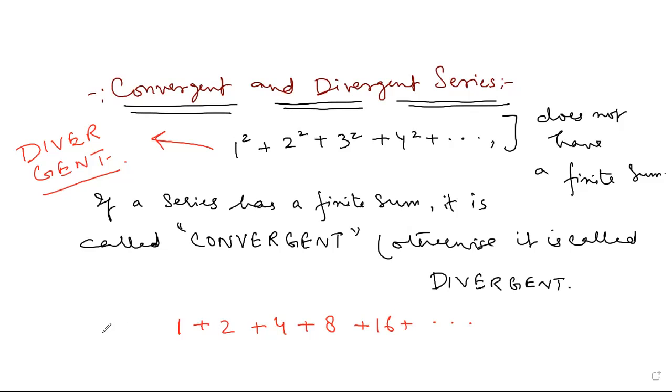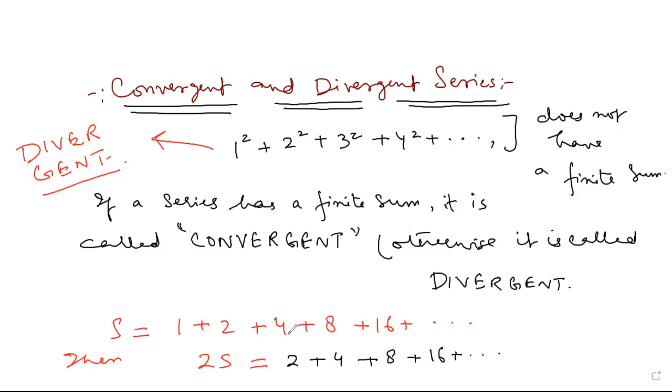So let this sum be S, then 2S is double. You have to double every term. It is 2 plus 4 plus 8 plus 16 plus so on. I have simply multiplied by 2 on both sides.